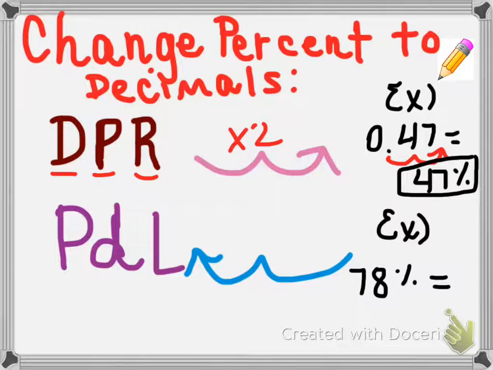Now, if you're moving the other direction, if you start with a percent and you need to change it to a decimal, percent to decimal, you're going to move left, and you're going to move to the left again 2 times. So we've got an example of 78%, and you're going to insert a decimal at the end of the whole number, and you're going to move it to the left 2 times, and then you will simply drop the percent symbol.